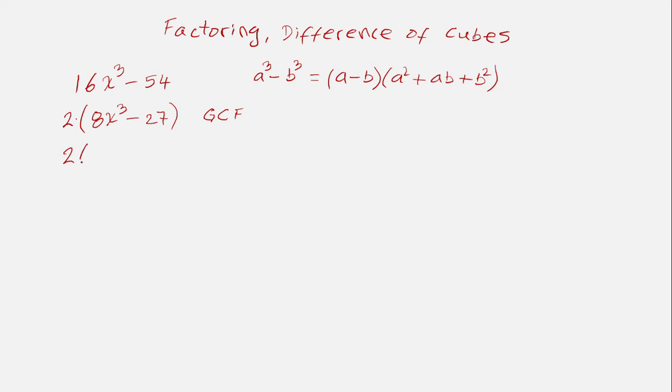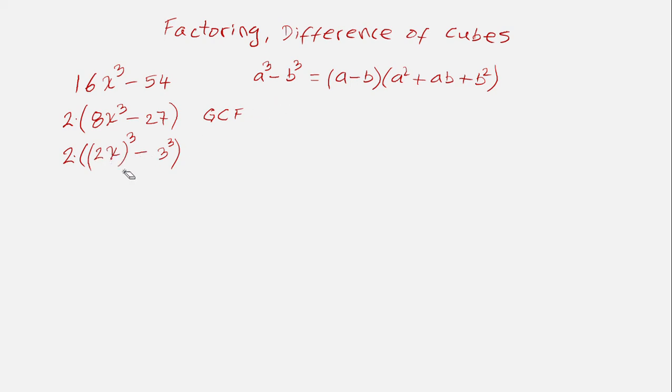So the 2, we always keep copying the 2 that's there. And then 8 is actually 2 cubed. So this is actually 2x, cubed together. And then 27 is actually 3 cubed. So now this resembles this formula right here quite a bit.